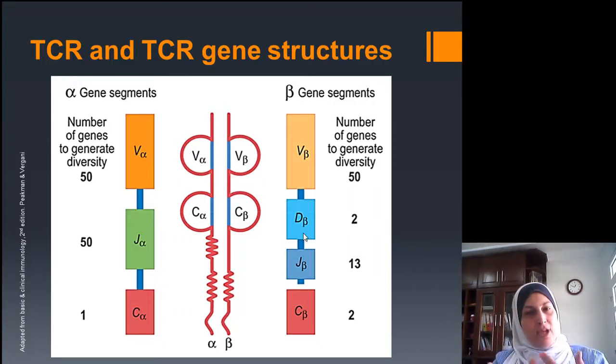So having the chance to develop point mutations is not allowed in a T cell, because, as we are going to see in the coming few slides, it goes through a very rigorous selection process to ensure that this T cell cannot attack self-antigens.